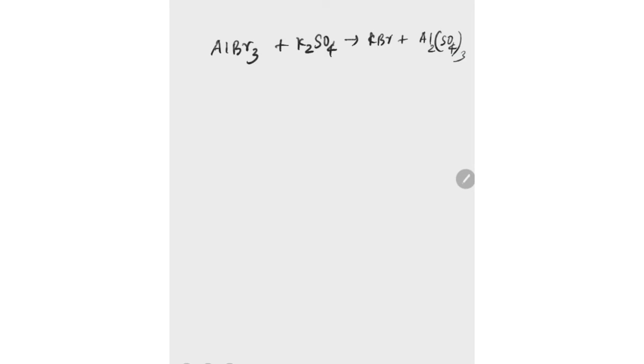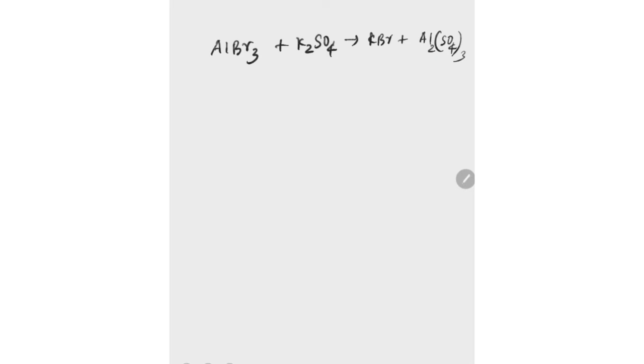If you're getting such bigger complicated equations, you always go and balance first the compound which is having more number of atoms and more complicated ions. More complicated compound you have to select among these. So here we can say aluminum sulfate. Aluminum sulfate at the product side is more complicated, so let's balance it first.